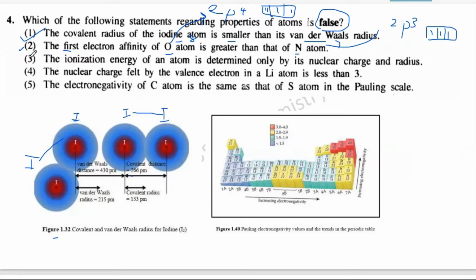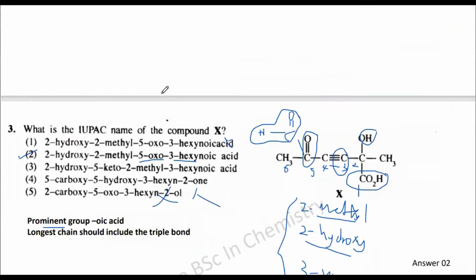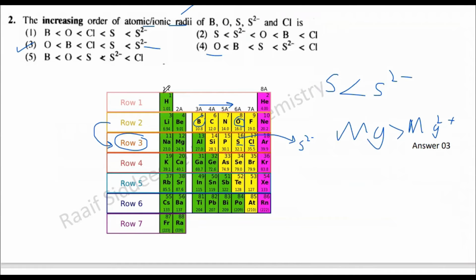Right, so now the statement that ionization energy of an atom is determined only by its nuclear charge and radius. This ionization energy in return will tell you about the idea of the atomic radii basically. When you remove the outermost electron, it becomes your ionization energy. Here it is negatively charged, but you can consider it for the positively charged as well.